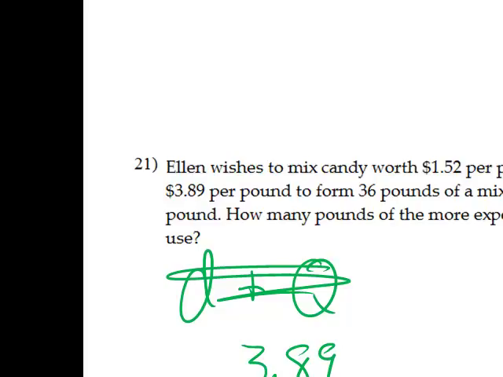Okay, we want to know how many pounds of E. I'll say E for expensive. So the total will be E plus 36, because you're going to add those two together. E plus 36. So you get 3.89 E.